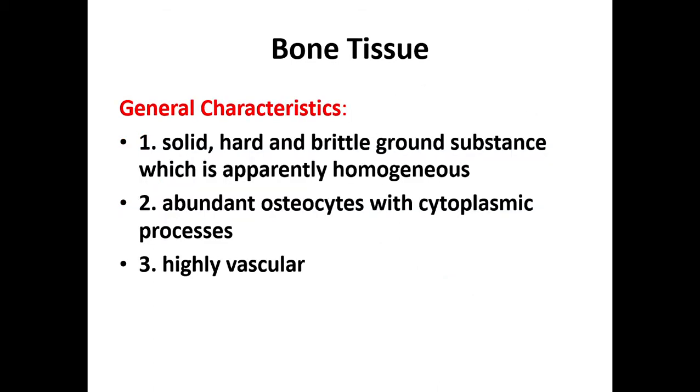Let's go first to the general characteristics of bone tissue. It is solid, hard, and brittle ground substance which is apparently homogeneous, abundant osteocytes with cytoplasmic processes, and highly vascular. Take note of these three general characteristics of the bone tissue.